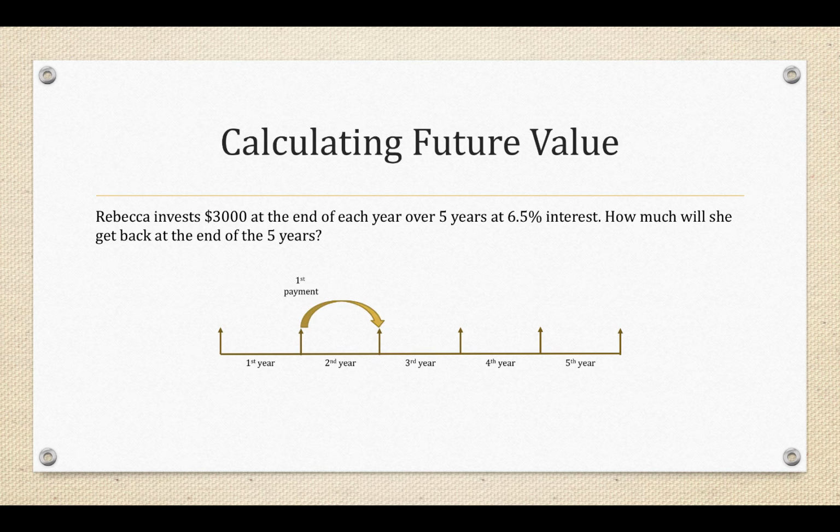So her first payment is there for only 4 years, not the expected 5 that you might have originally been considering. Her second payment is there for 3 years. Her third payment, because it's paid at the end of the third year, is only there for 2 years. Her fourth payment is only there for 1. And her fifth payment isn't even there for a year.